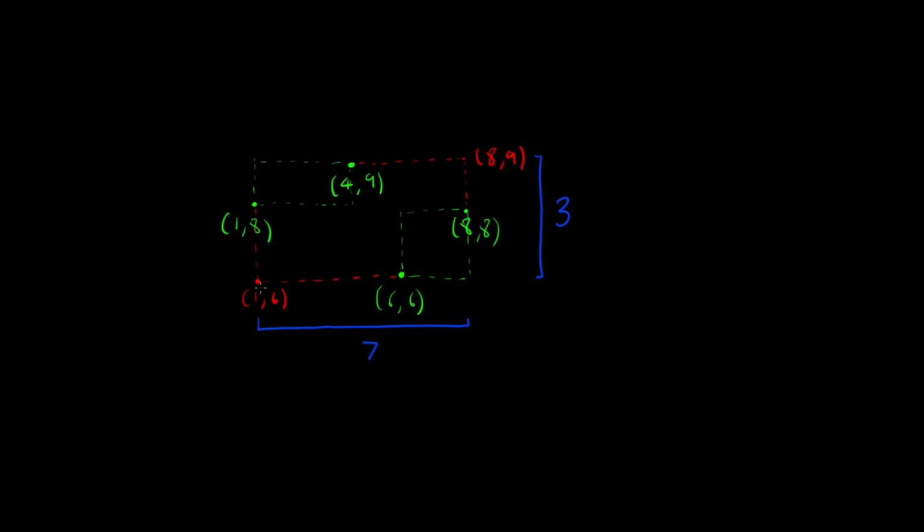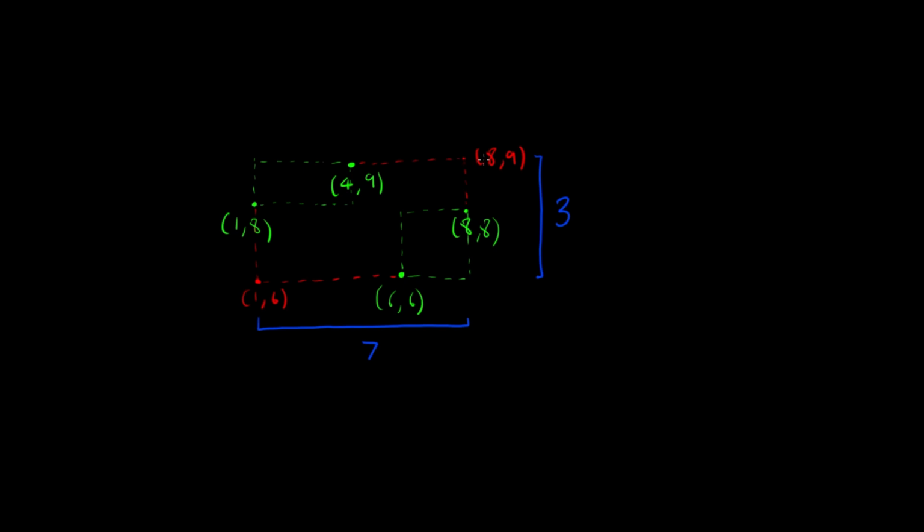But notice how I got it. I took every single x coordinate and looked for the smallest one. That's going to be 1, so 1 is the x coordinate for the lower left corner. Now I look for the smallest y coordinate: 6, 8, 8, 9. Looks like 6 is our smallest y coordinate, so it's going to be 6 here.